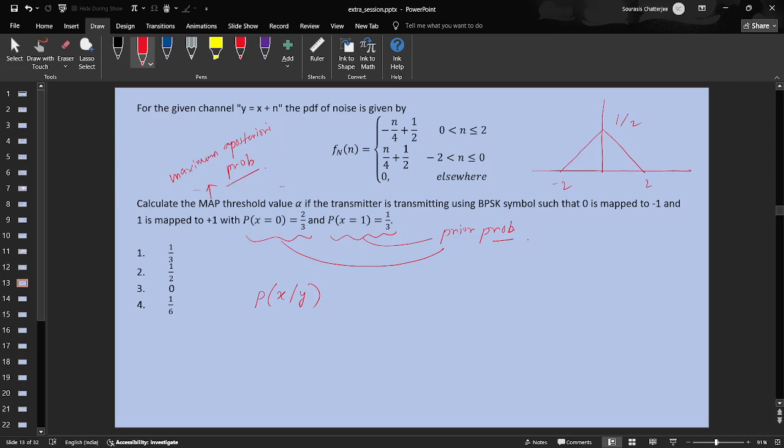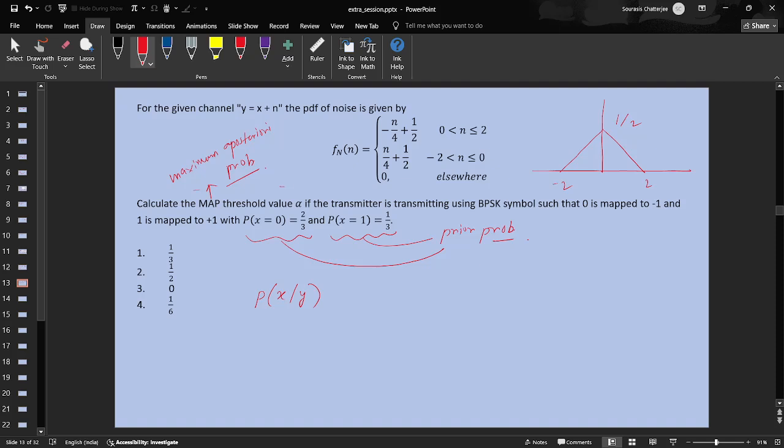By the way, why is it called a posteriori, in what sense? Basically, a posteriori means after the event has happened. For example, we have observed y. Now based on y we are trying to predict which x was transmitted.